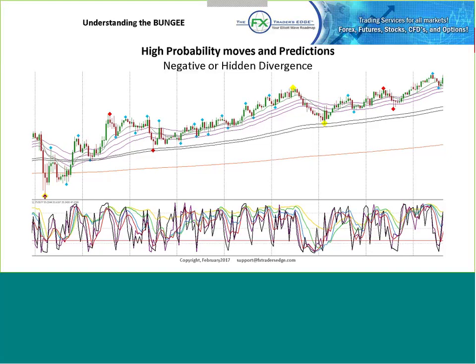So the other type of divergence we need to look at is negative or hidden divergence. Some people call it negative divergence, some people call it hidden divergence. And we've got examples of this on this slide, again, which we can illustrate.